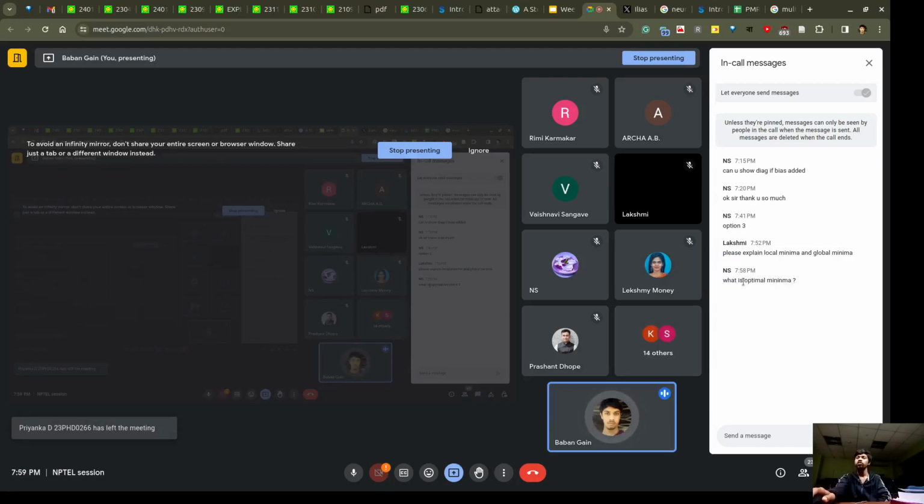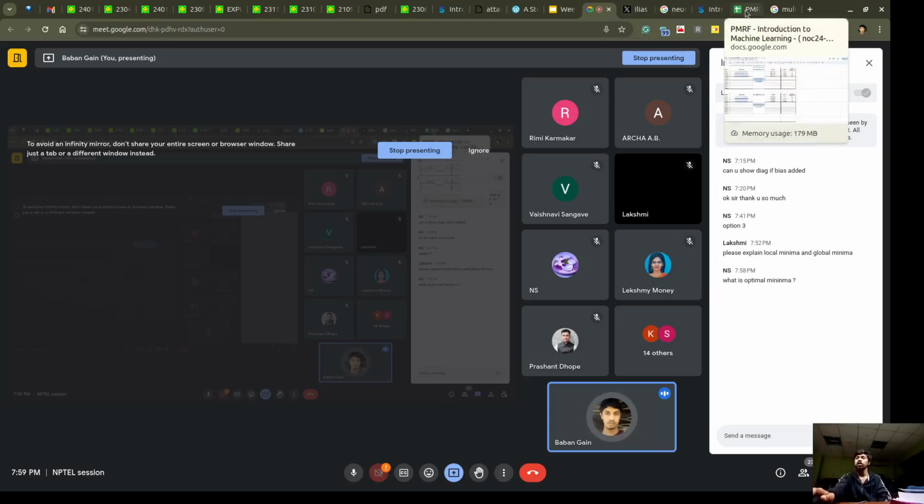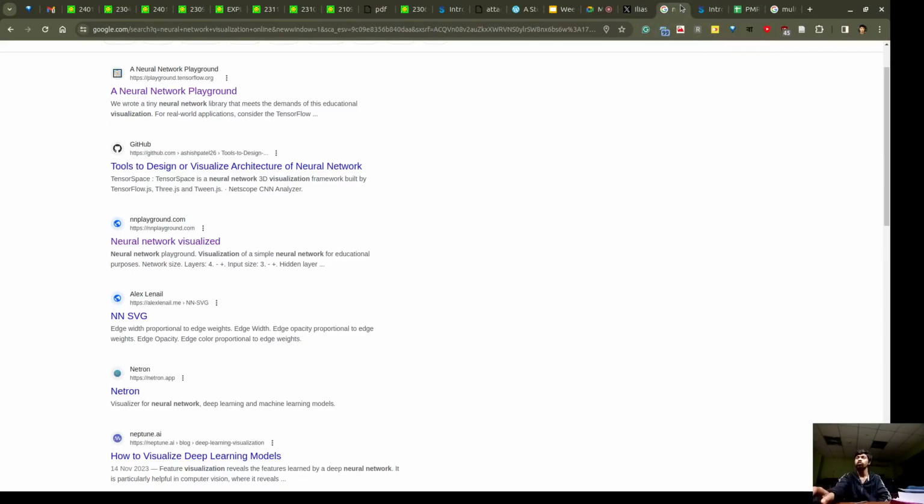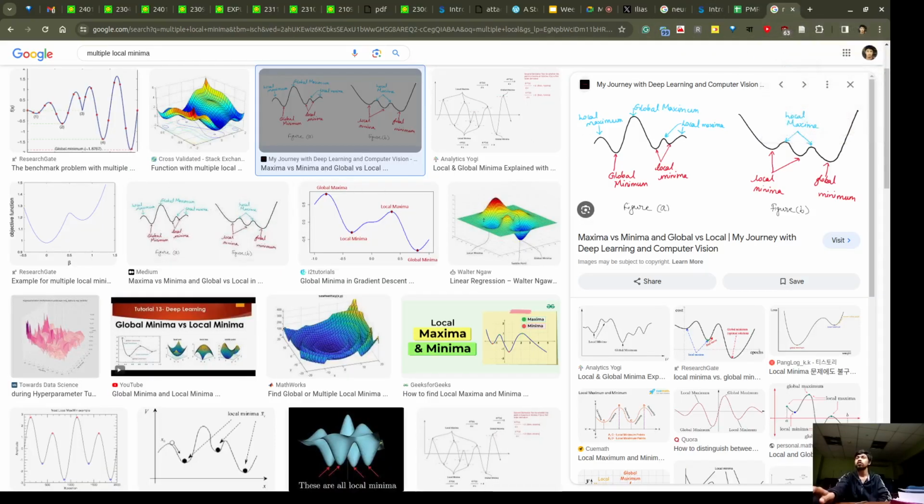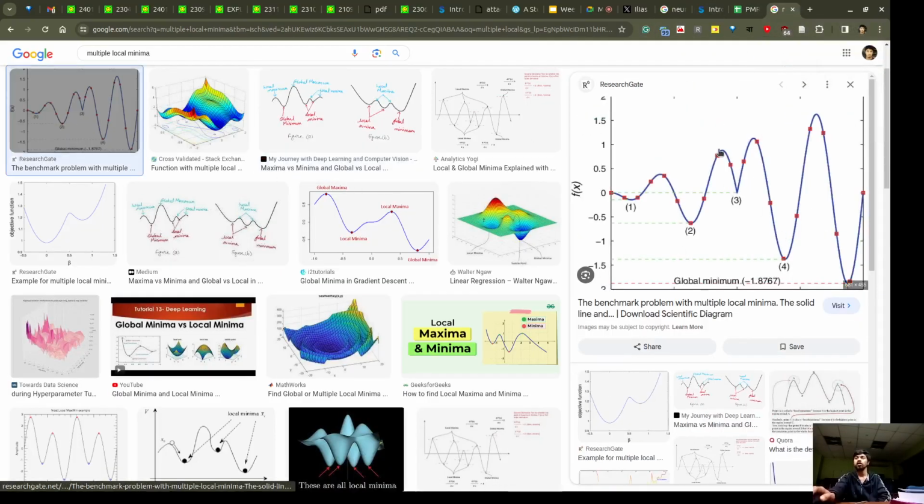Optimal minima here, like, suppose you are trying to find the lowest point. So what would be the optimal here? Optimal means where the loss function is the lowest, and loss function will be the lowest in global minima. So optimal minima is just like global minima.